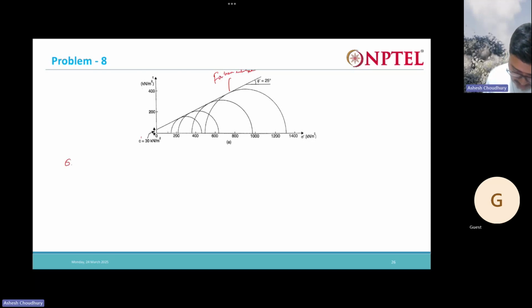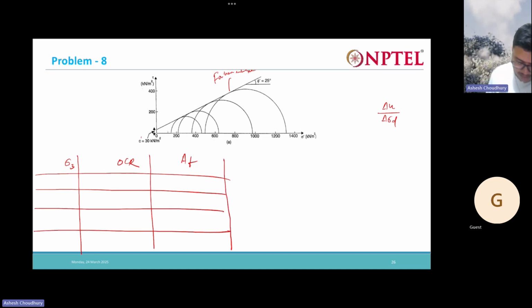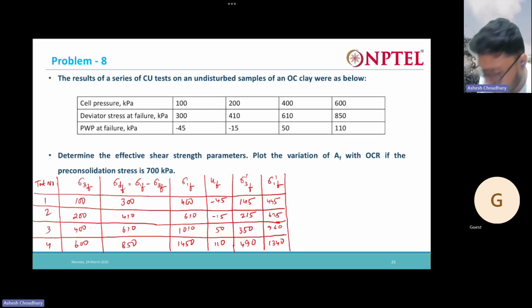So we have sigma 3, we have OCR, and then we have to find out AF. Now what is AF? AF is delta U by delta sigma D. So sigma 3 is 100, 200, 400, 600. Now what is the over consolidation ratio?